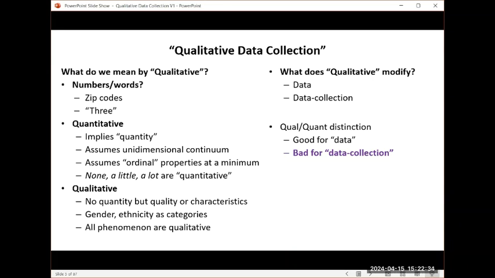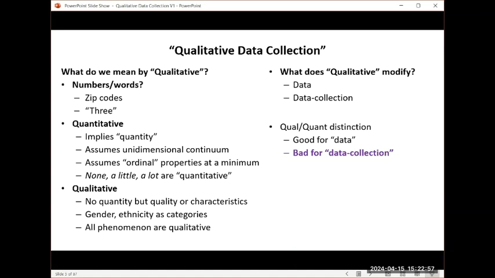And it doesn't make a lot of sense to apply qualitative to the activity of data collection, because data collection can be both. Unless you want to say you're only collecting qualitative data, which none of our instruments actually do. They are always getting both qual and quant, so it doesn't make any sense.